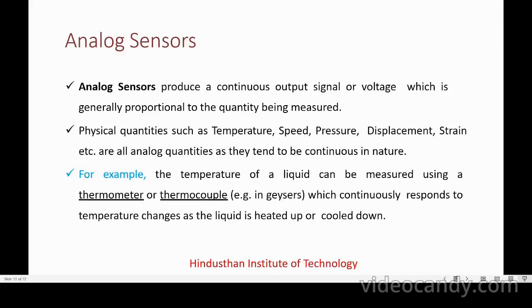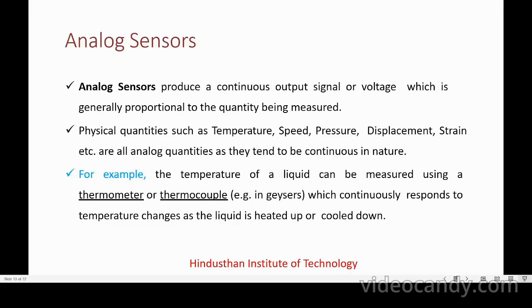Next, definition of an analog sensor. Most analog sensors produce a continuous output signal or voltage, which is proportional to the quantity being measured. Physical quantities such as speed, pressure, displacement, temperature, and strain are all called analog quantities.